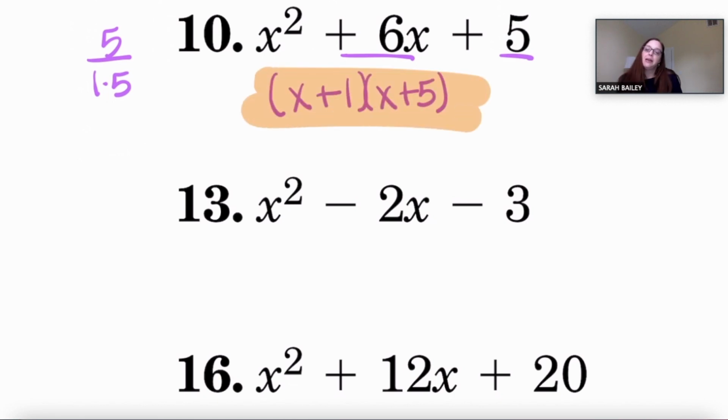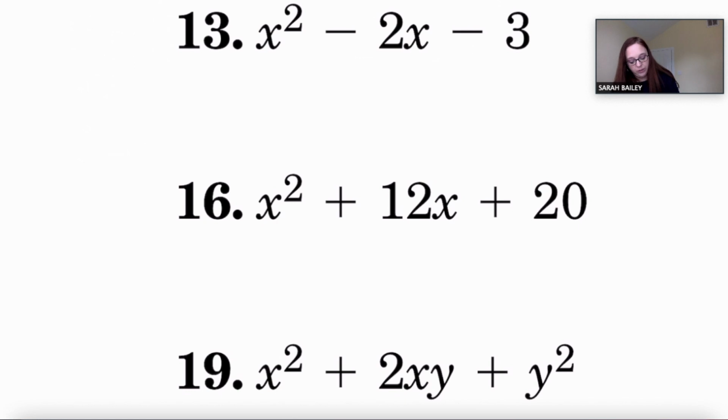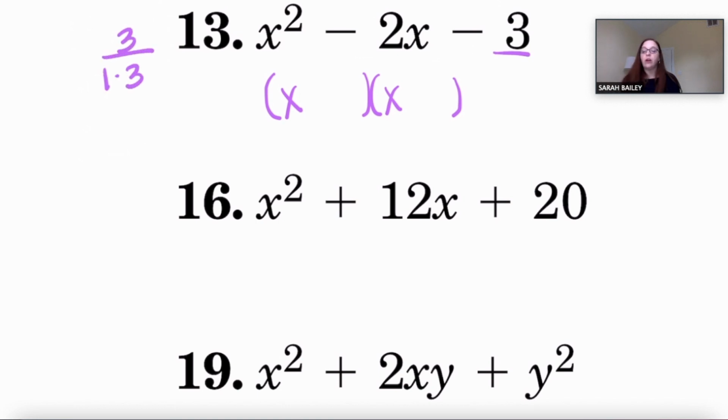Okay, let's keep going. Number 13. So I'm going to do x plus or minus something times x plus or minus something else. So I've got a 3. Well, again, the only factors of 3 are 1 times 3. So it's 1 and 3 there. Now, be careful here, though. We want to get a 2, and this should be negative, right?